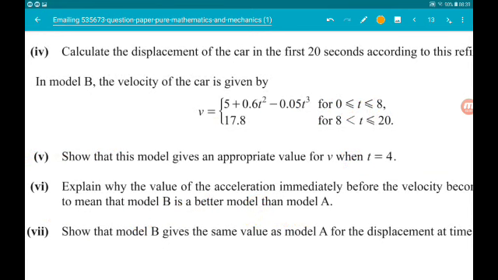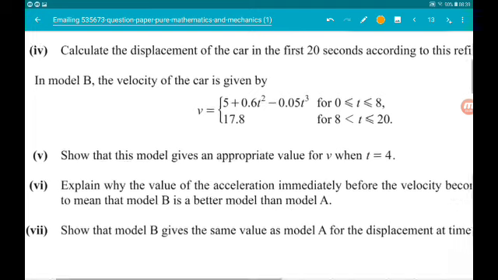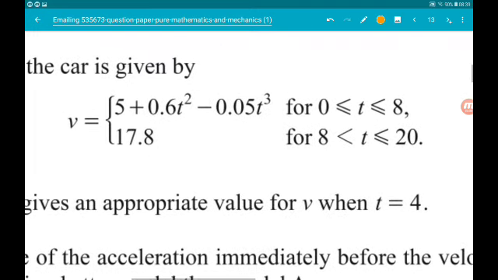Okay, then in model B, the velocity of the car is given by V is 5 add 0.6 t squared minus 0.05 t cubed for t greater than or equal to 0, less than or equal to 8, and 17.8 for t greater than 8 but less than or equal to 20.